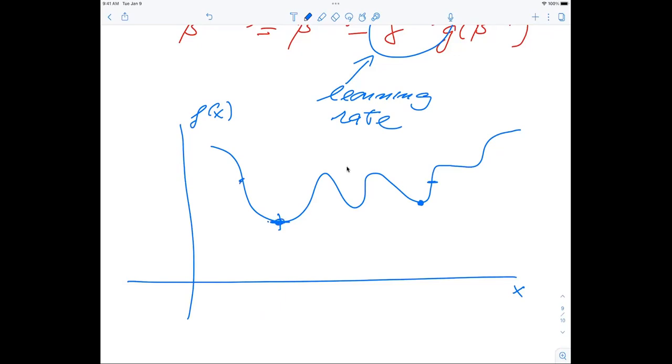If you start randomly and do many such random searches, you will end up in the global minimum. There are also other problems, like this one, which is a typical saddle point. That can also lead to numerical instabilities.